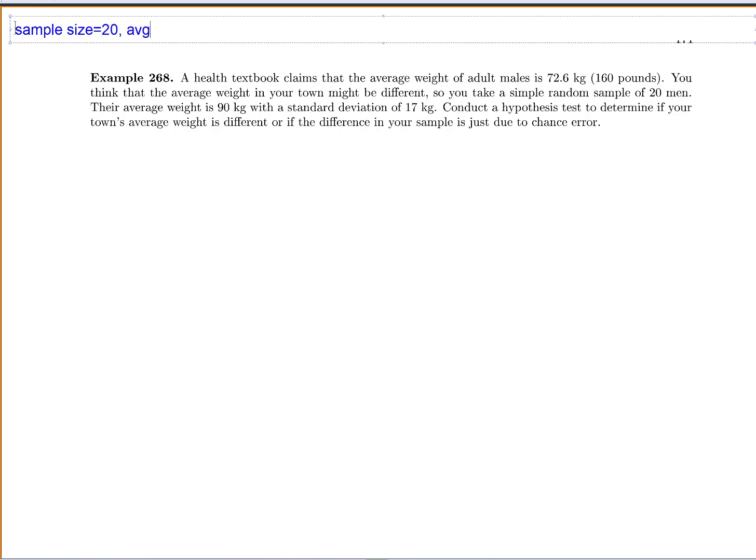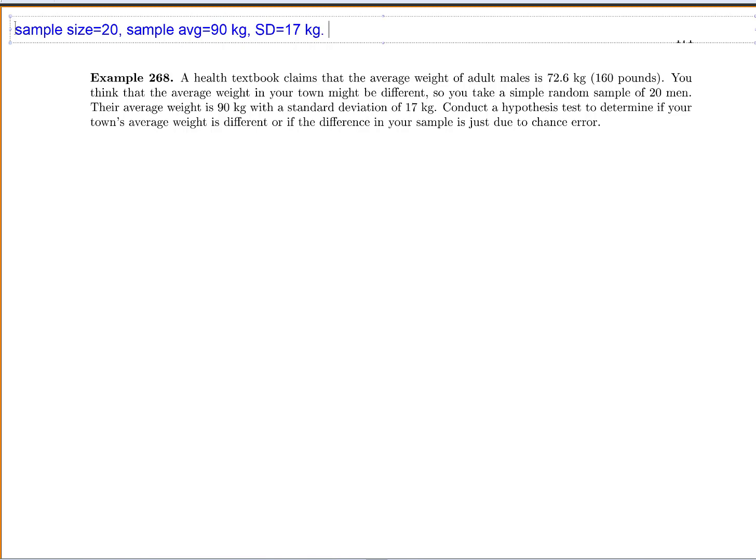Their average weight, the sample average, equals 90 kilograms, and the SD equals 17 kilograms. Let's conduct a hypothesis test to determine if your town's average weight is different or if the difference in your sample is just due to chance error.